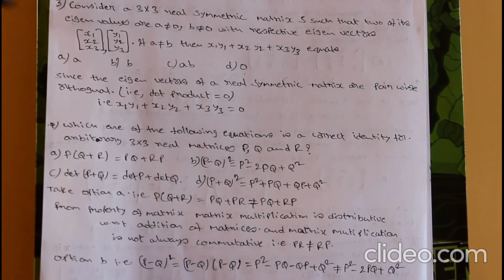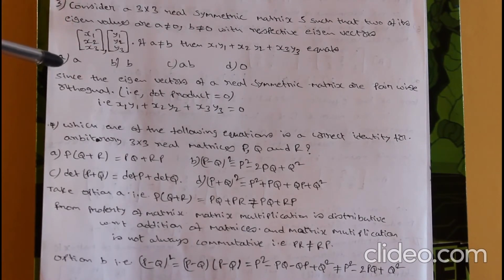Here one important property you need to remember: for any real symmetric matrix, the pair of eigenvectors are orthogonal. That means the dot product of the eigenvectors is equal to 0. So the dot product of these two eigenvectors, x1 y1 plus x2 y2 plus x3 y3, is equal to 0.